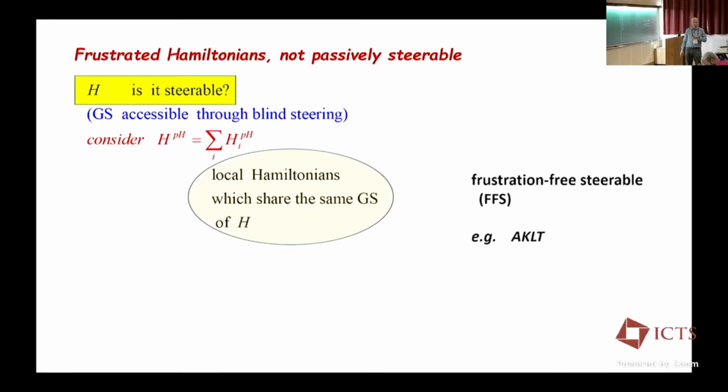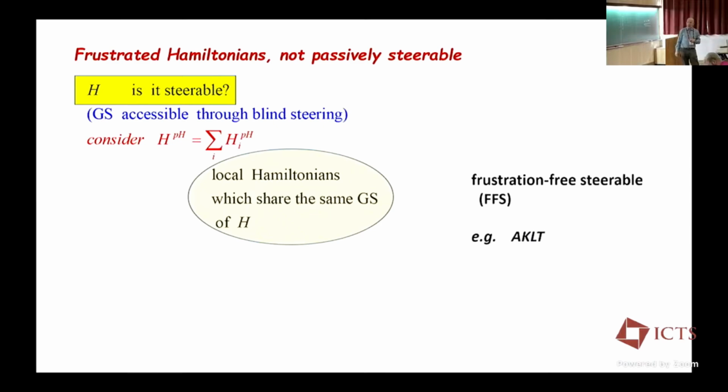Now, mind you, if the ground state is simultaneously the ground state of all these local Hamiltonians, it doesn't mean that these local Hamiltonians commute. It's only the ground state. These guys may not commute. So if I have a frustration-free Hamiltonian, it is steerable. This is the case of AKLT, for example.